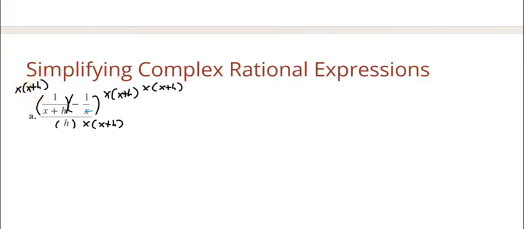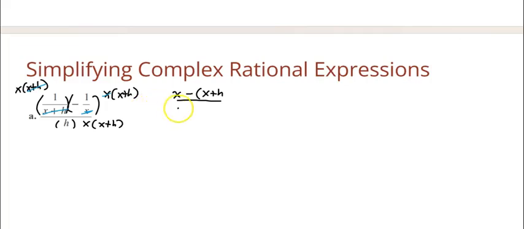Then I'll reduce out, and notice here the x plus h goes away, reduces out. Here the x reduces out, and here nothing reduces out. We can get rid of this because I don't want it to be confusing. Let's make sure that we rewrite. What we're going to have here is x minus parenthesis x plus h all over, well, what do we have here?